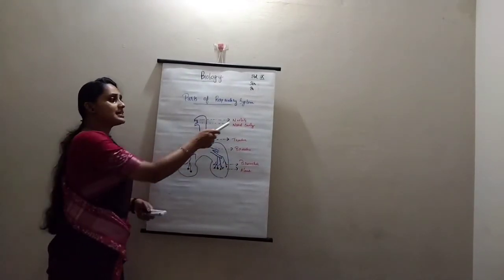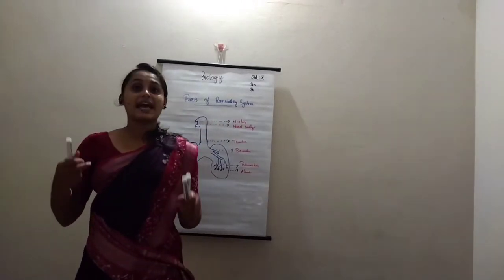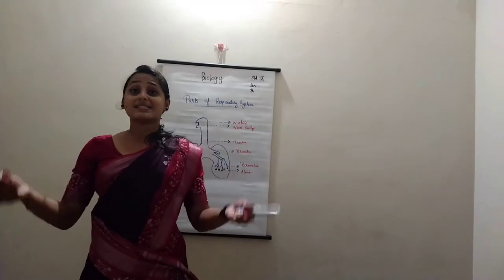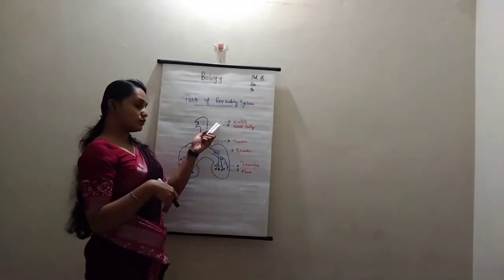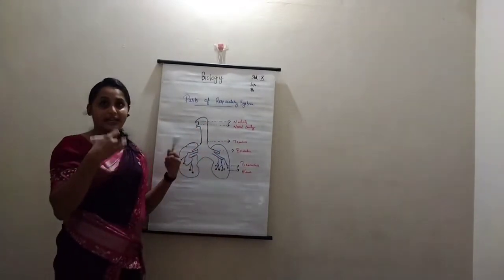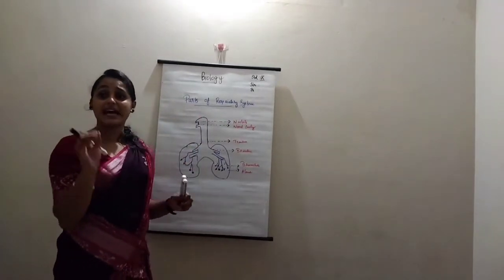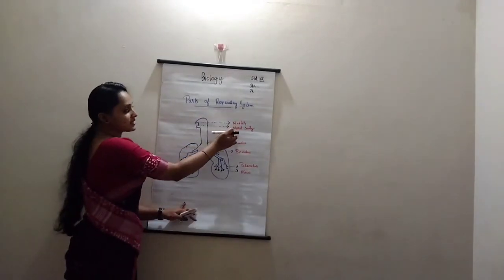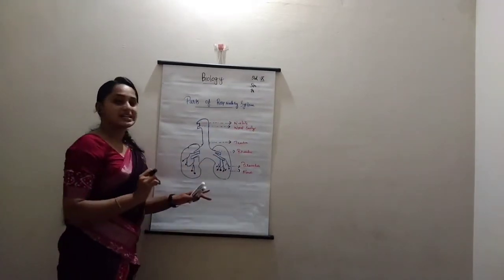So the first part is which? Nostrils. The nostrils help the passage of air in and out of the body. Then the nasal cavity. The nasal cavity connects with the nostrils. Is it clear?